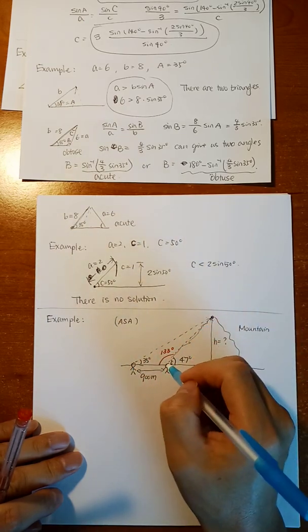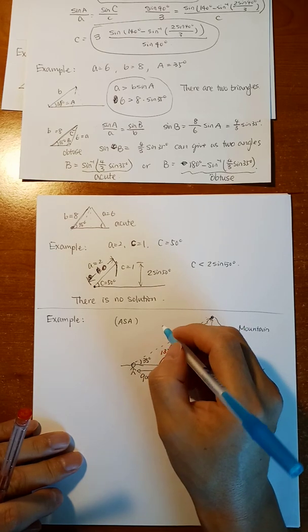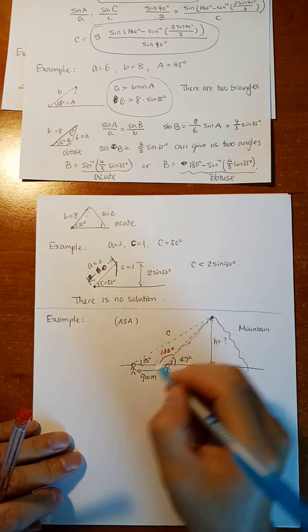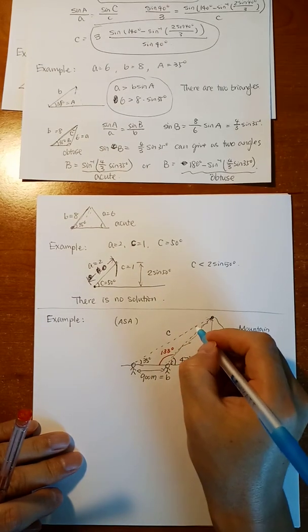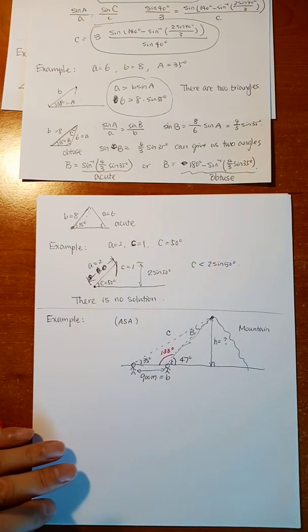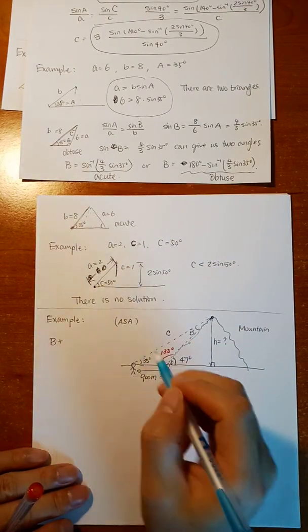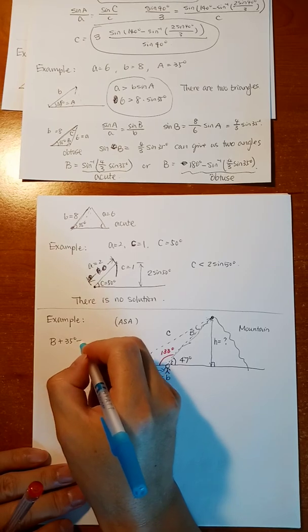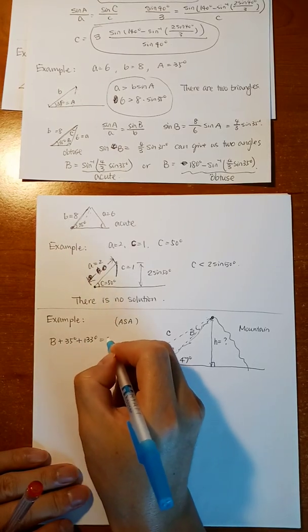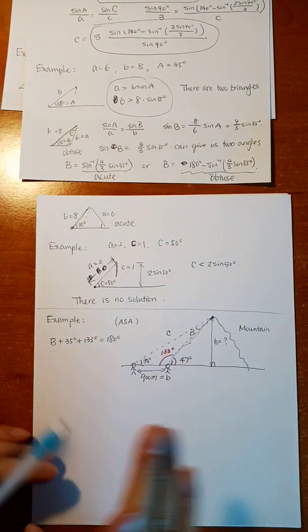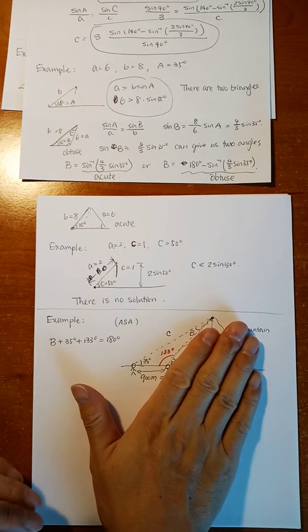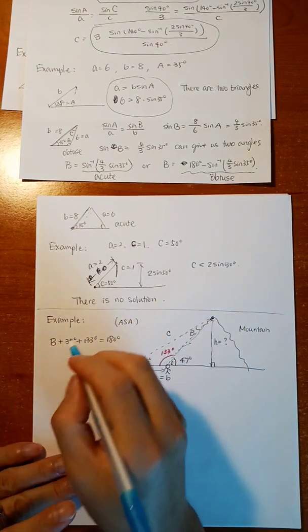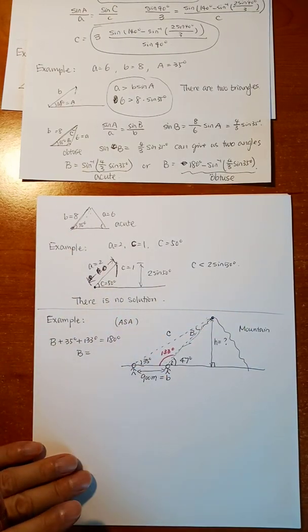This side faces 133 degrees, so let's call this side C. And let's call this base B, so this is angle B. First of all, angle B plus 35 degrees plus 133 degrees is 180 degrees, because those three angles belong to the same triangle. Okay, so from here we get B is what?